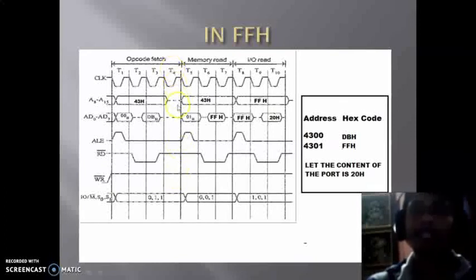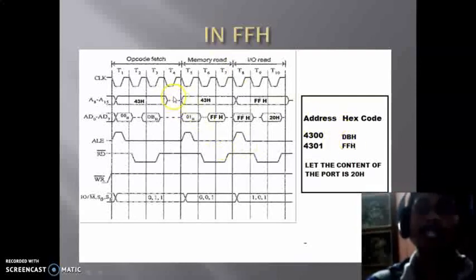And at the T4 T state, this dotted line basically represents that the instruction decoder is decoding the instruction, DB.